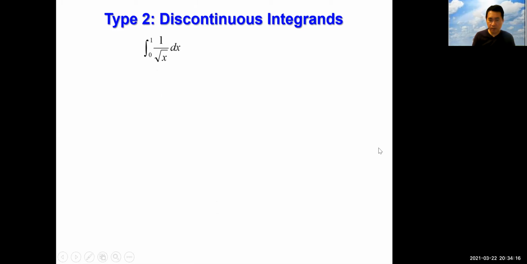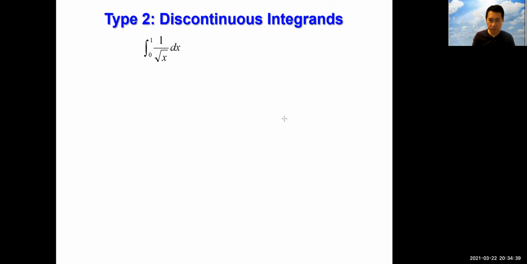But if examined a little bit closer, you would notice that the function here is not continuous at 0. So if you try to sketch the graph, you can probably see it better.